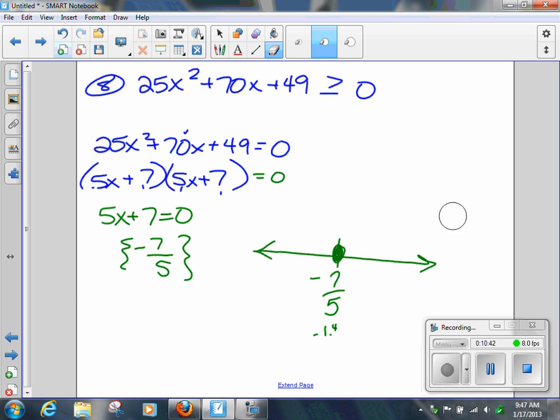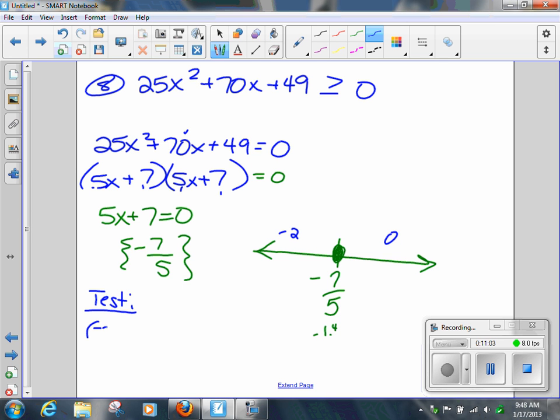Now, what are we going to do? Choose another number. Well, what is just beyond -1.4? -2. And then what is going to be to the right of or greater than -1.4? 0. That's the easiest one to choose. We're going to plug it back into the original. So let's test -2.